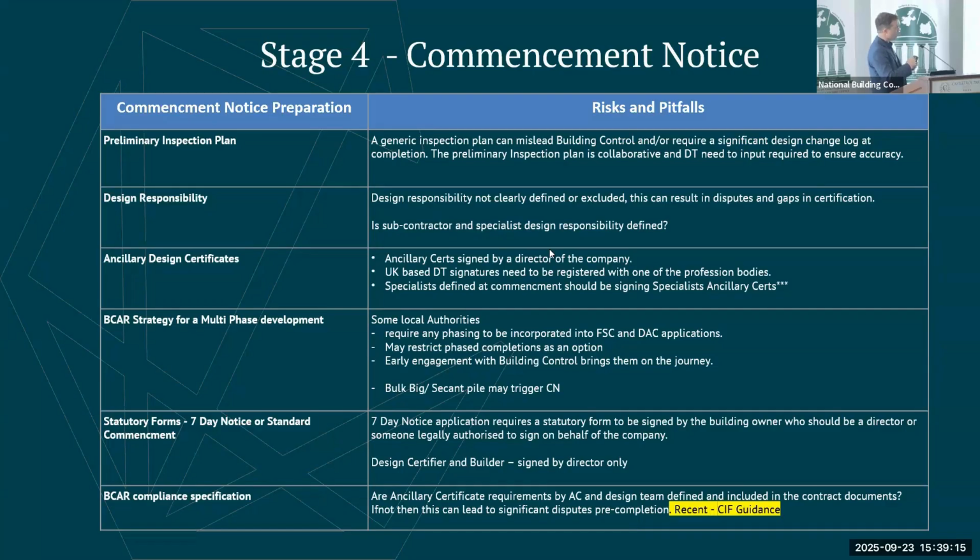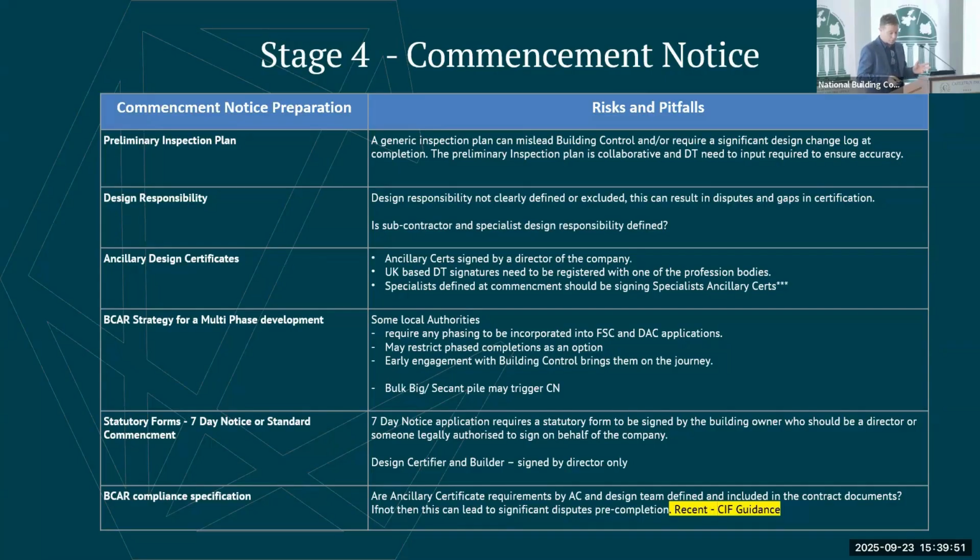For the larger multinational companies we might be working with, sometimes it's very difficult to nail down that person. There might be someone further down the chain who may be willing to sign, but it has to be someone with that legal authority. It has to be someone that in the event of a catastrophic failure will be able to stand in front of a judge and take responsibility, not someone further down the chain. And then that statutory declaration obviously needs to be signed by a practicing solicitor or a commissioner of oaths.